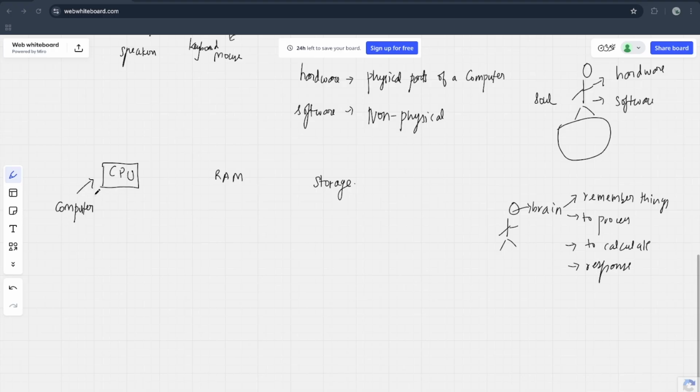So if the CPU is really fast, every task that you are instructing to your computer is really fast. So the CPU is considered the brain of the computer. Now what is RAM actually? RAM stands for random access memory.